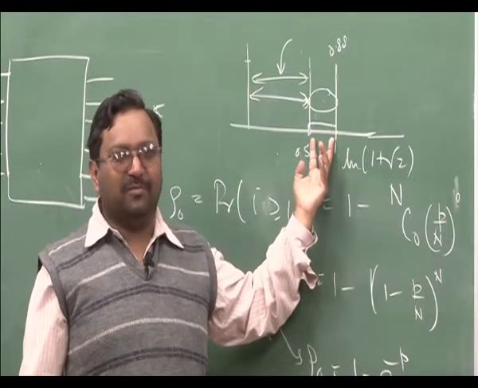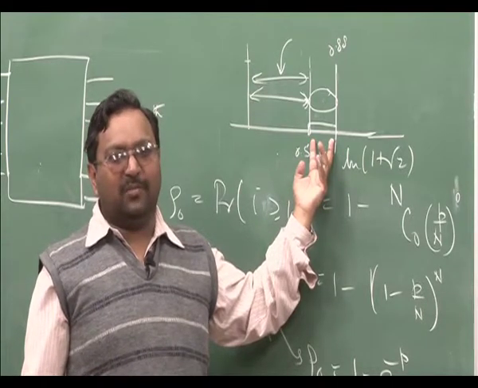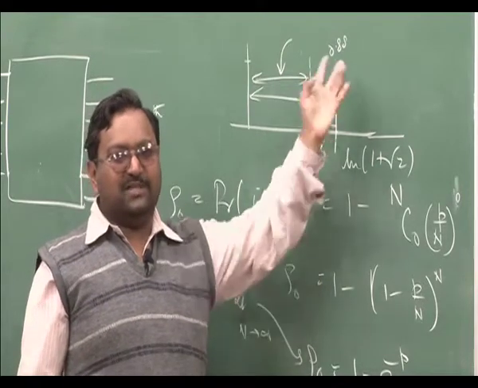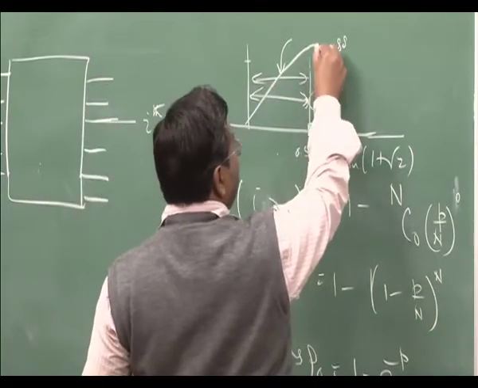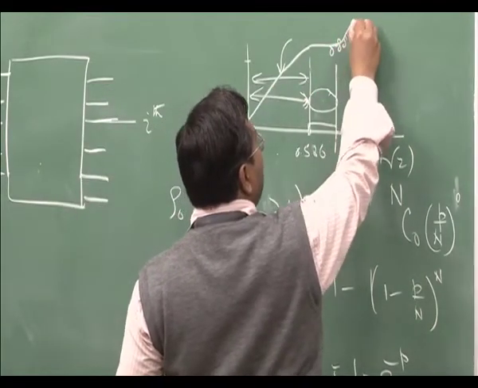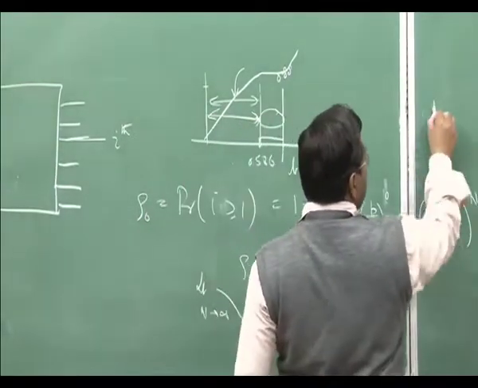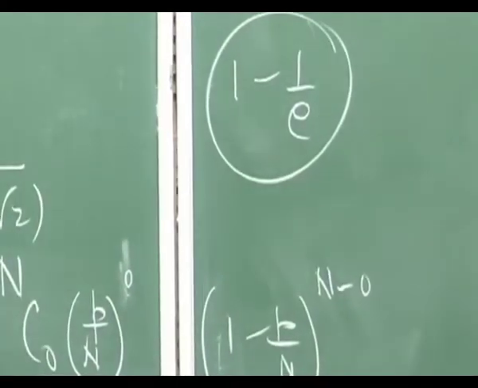Your rho naught will be lower than 0.586. At least you are operating at 0.586, which is the maximum possible. So at this point, it will start becoming better. The curve of the throughput should be something like this, and then here it will become better, and reach the maximum. You cannot get anything better than this.